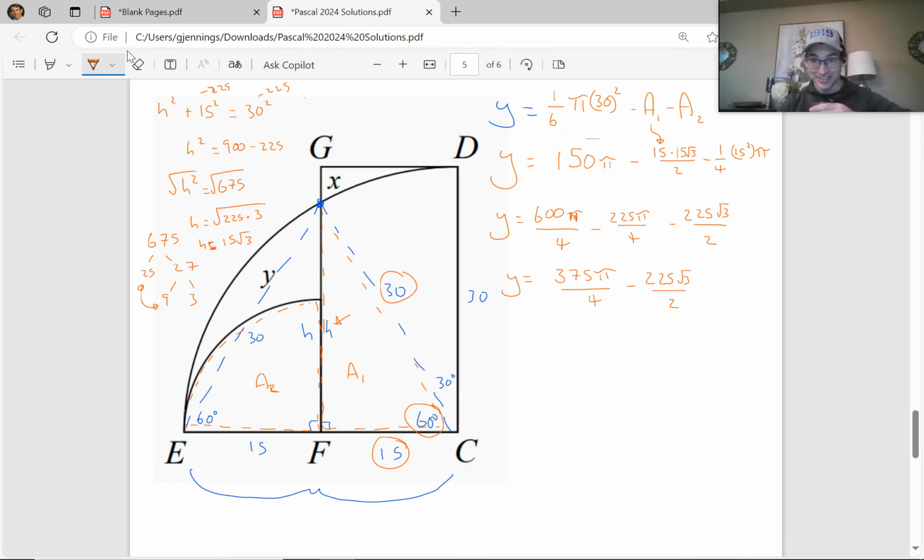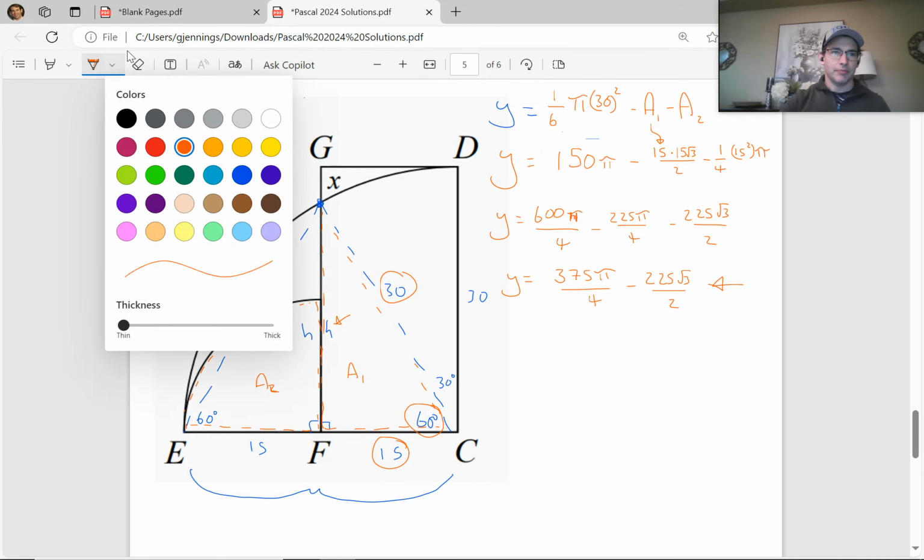So get your calculators out. To find the closest integer, I don't want to calculate that by hand. I use a calculator every day. It's not even fun as a fun exercise, but that's y, and that's a simplified exact value for y. We're going to decimal approximate later.